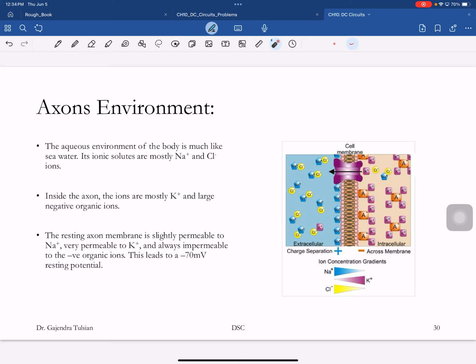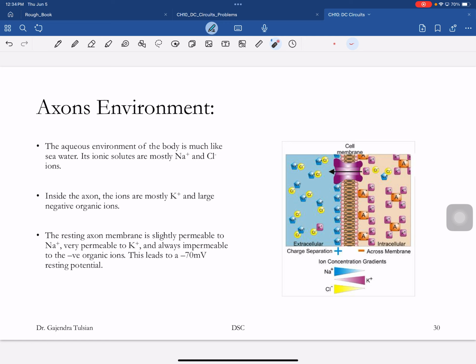What is outside? We've all evolved in seawater, so essentially the outside environment is sodium chloride. Under normal resting conditions, the wall is permeable to potassium ions. It doesn't let any of these large ions go out, and it's impermeable to sodium ions.